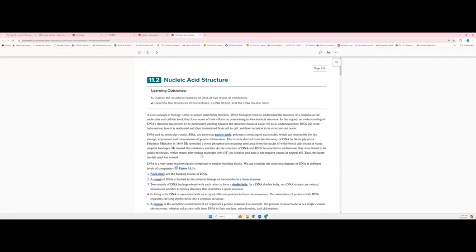But for DNA and RNA, the building block is called the nucleotide. We also know DNA is a large molecule composed of small building blocks, nucleotides.